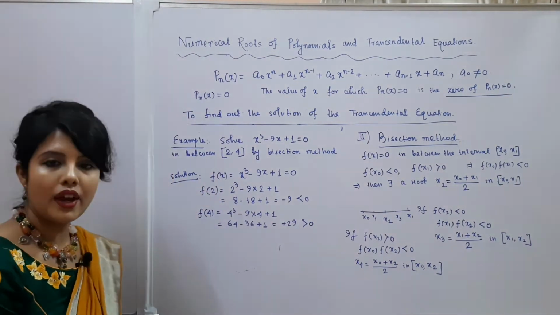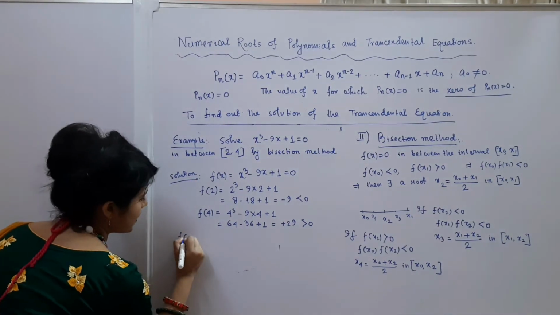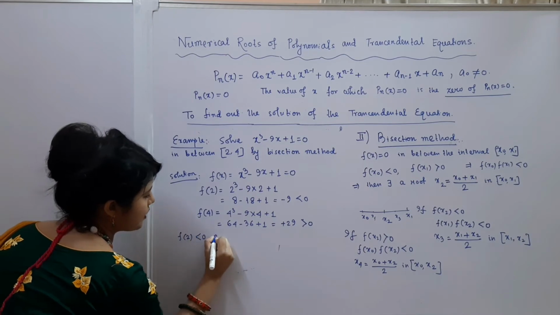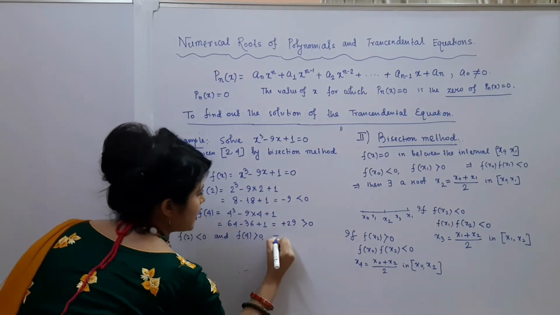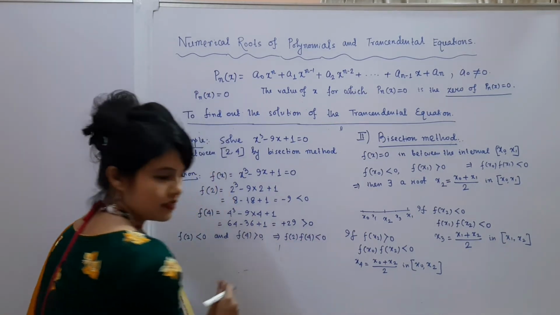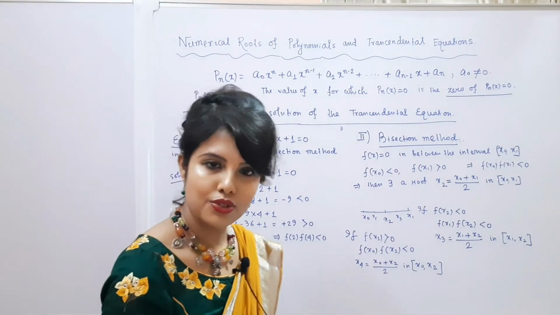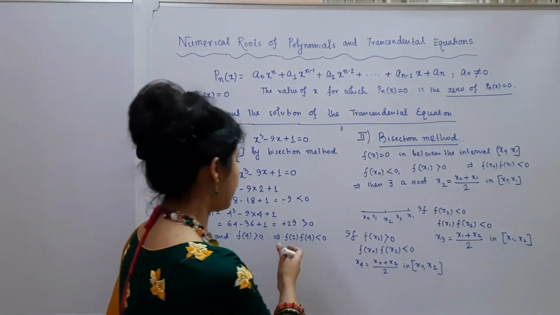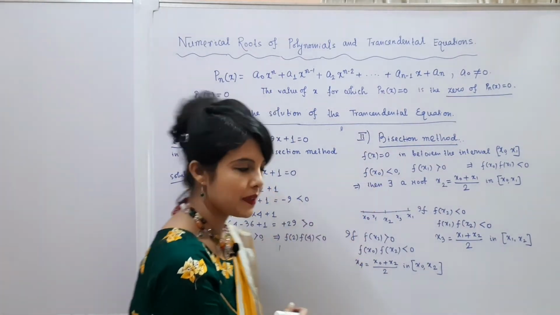So f of 2 and f of 4 are of opposite sign. So this shows that f of 2 less than 0 and f of 4 greater than 0, so f of 2 into f of 4 less than 0. Then there exists a root in between 2, 4, which I can obviously say by using bisection method.